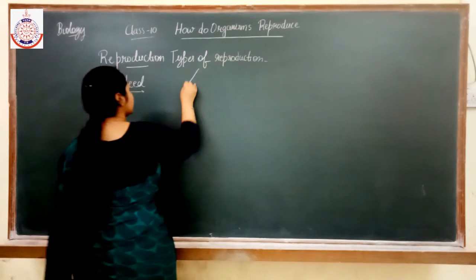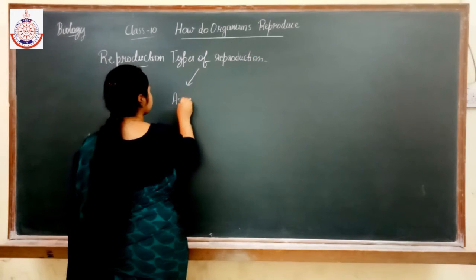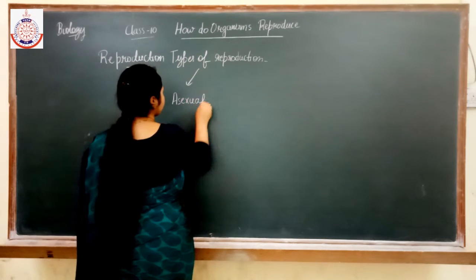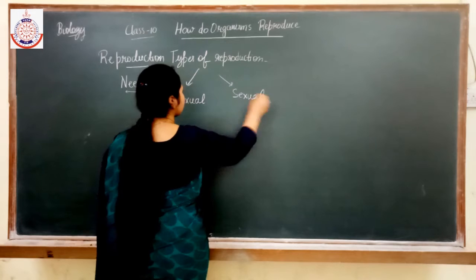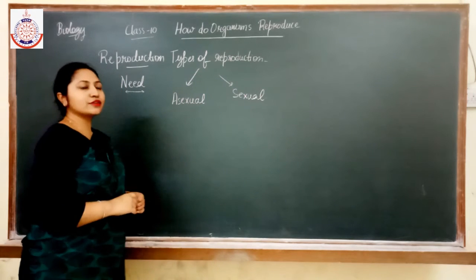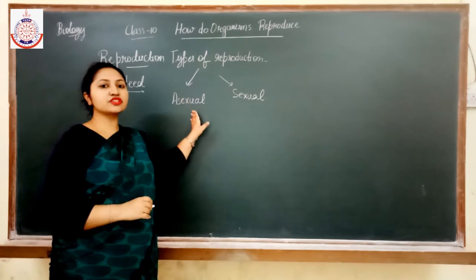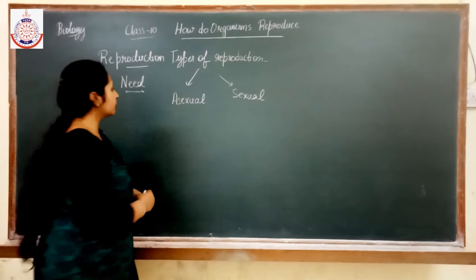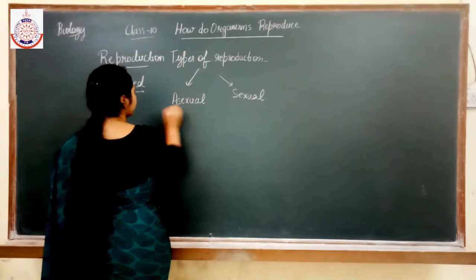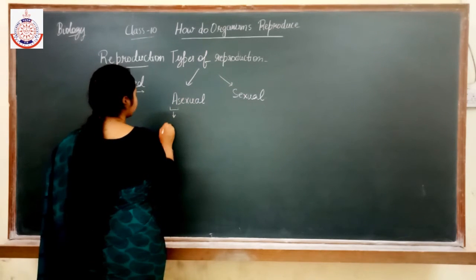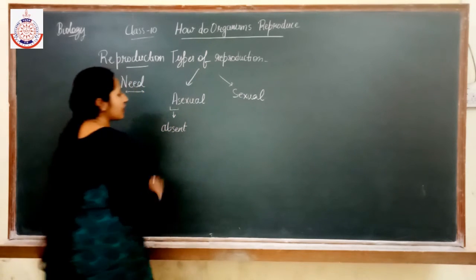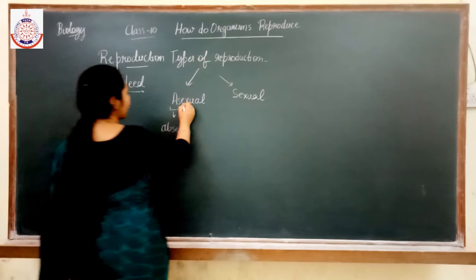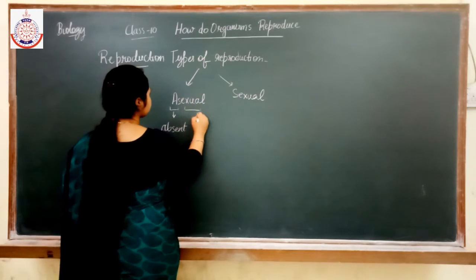The first is asexual reproduction, and the second one is sexual reproduction. Now what is the difference between the two? Here, A means absent, and here sex cells.